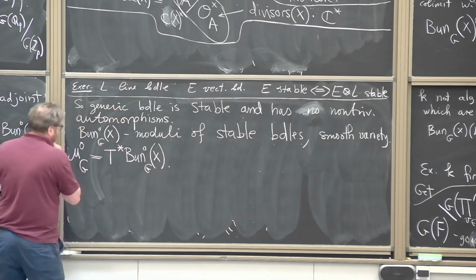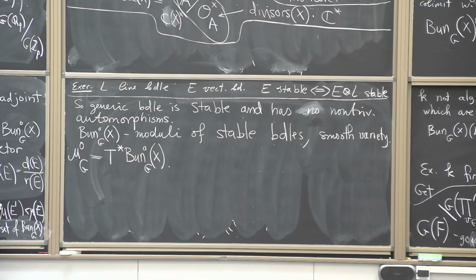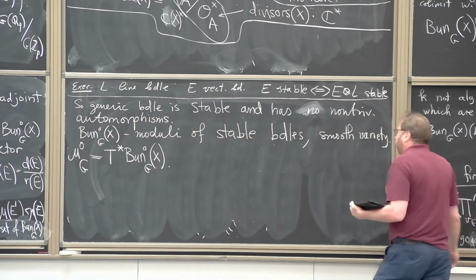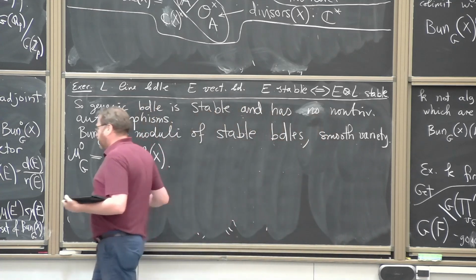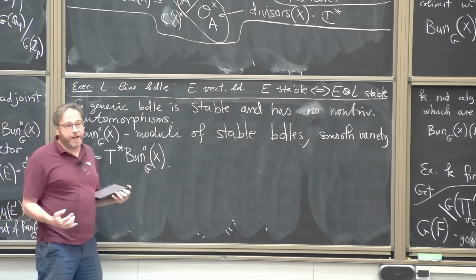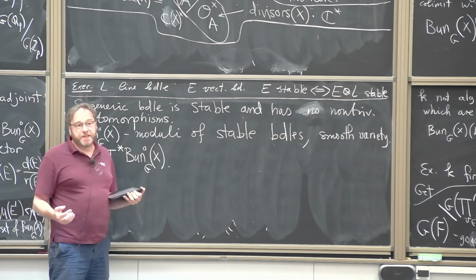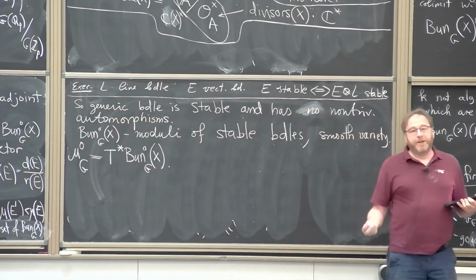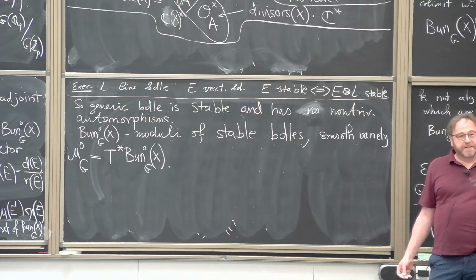And so the Hitchin system will initially live on this cotangent bundle, but actually it turns out that there is a partial compactification of this, which is also a symplectic variety, and the Hitchin system naturally lives on this compactification. This is actually a very common phenomenon in integrable systems.